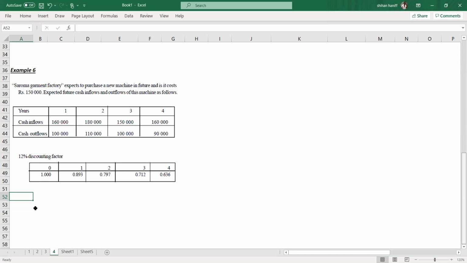Discount factor is given. Requirement: calculate the NPV and state the purchasing decision based on NPV.